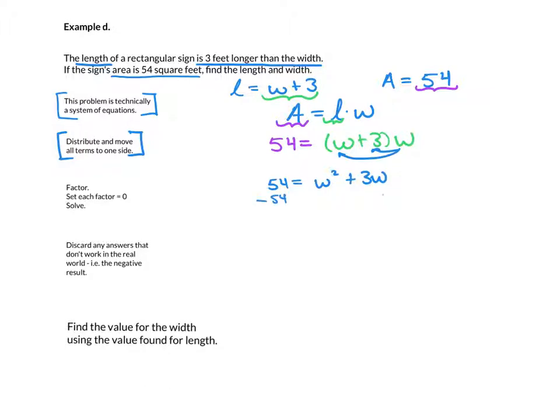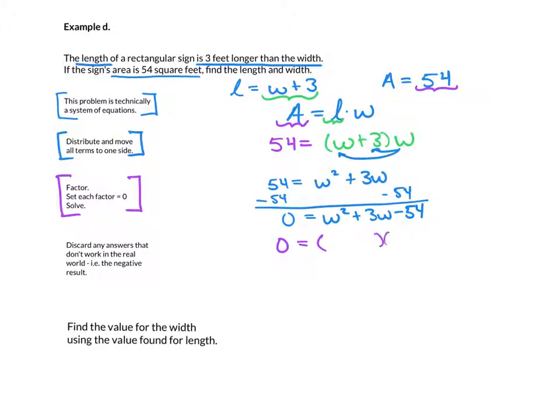From there, we want to subtract 54 from both sides so that we can set it equal to 0. We get 0 equals W squared plus 3W minus 54. From there, we have it in the correct format. We can go ahead and factor.